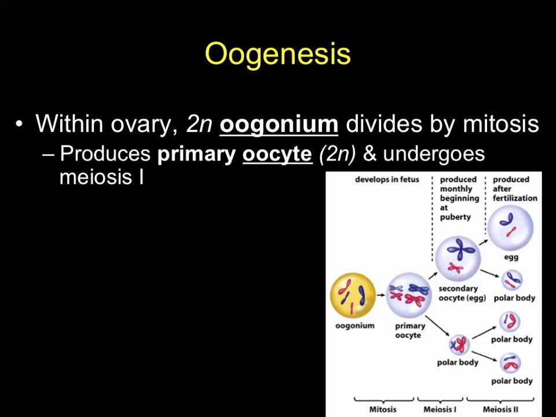Now the process of oogenesis is fairly similar to what we saw in males. The overall idea is very similar, but there are a couple of really important distinctions that I want to point your attention to. Before we go through this process, I want to talk about the relative contribution in terms of energy of females versus males toward the production of offspring. I mentioned before how the sperm cell, all that it really adds to the zygote is genetic material.